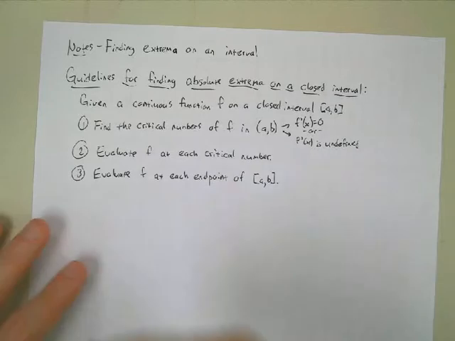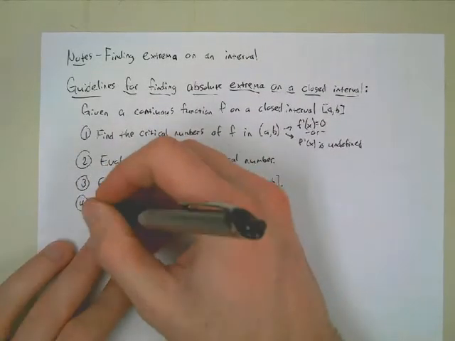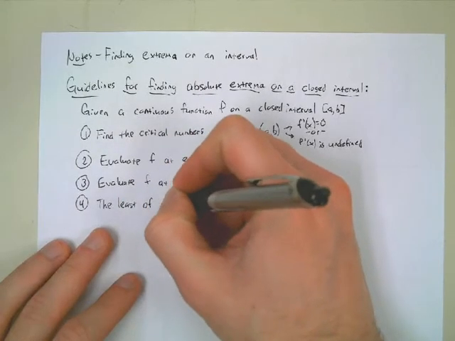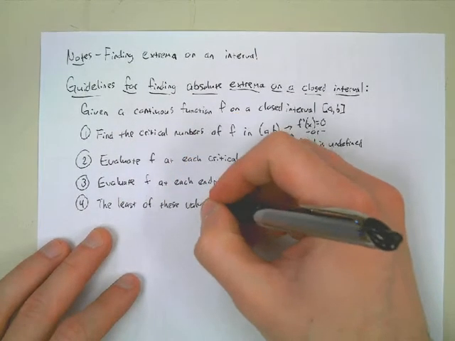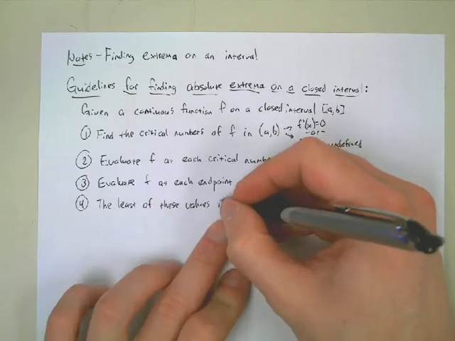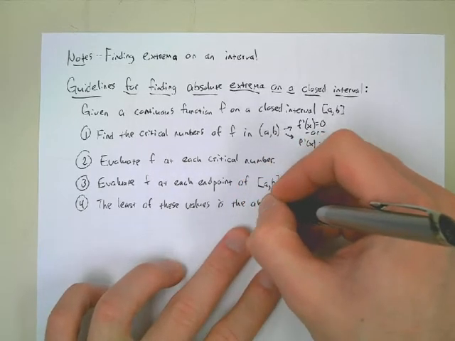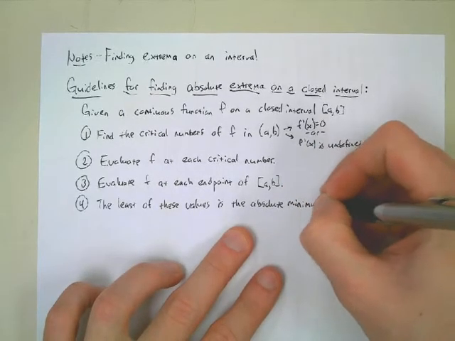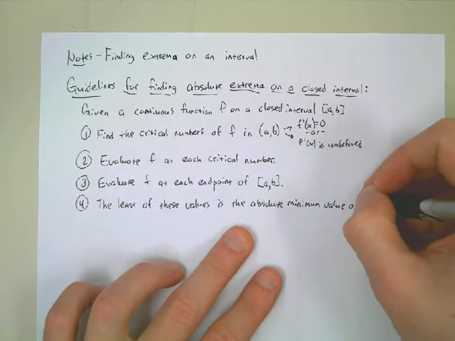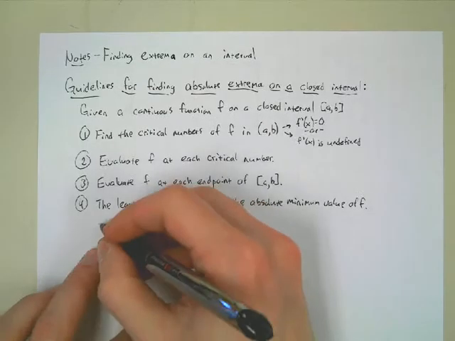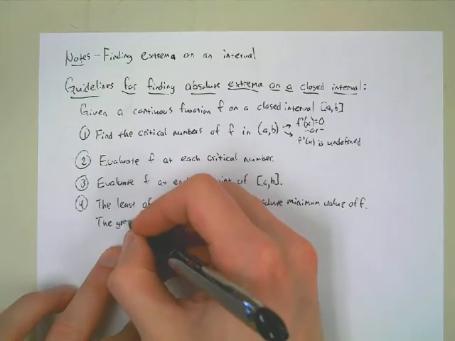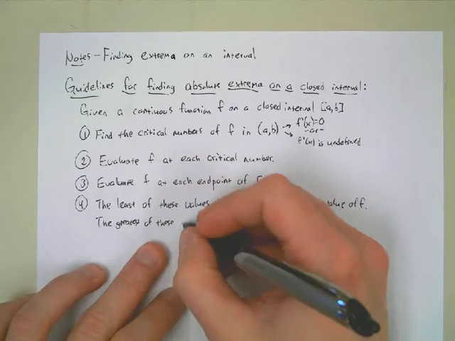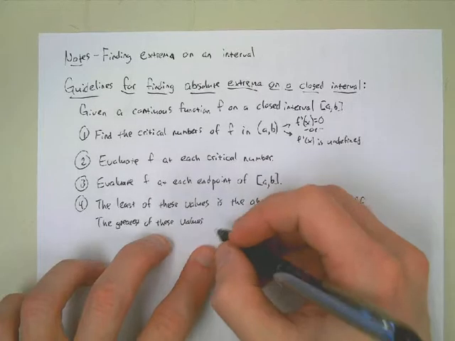All right, and now comes the easy part. It's just the least of these values is the absolute minimum value of f, and the greatest of these values is the absolute maximum value of f.